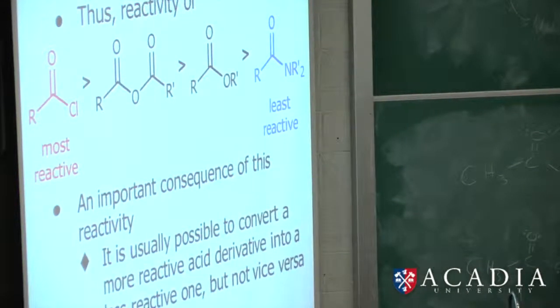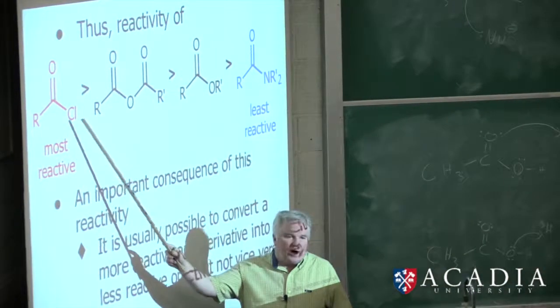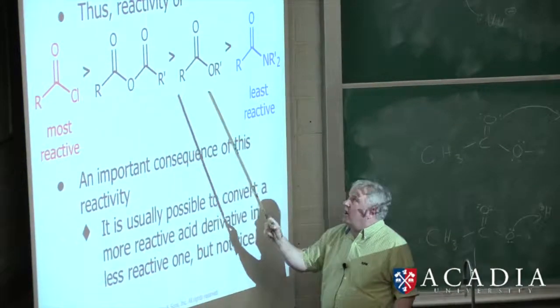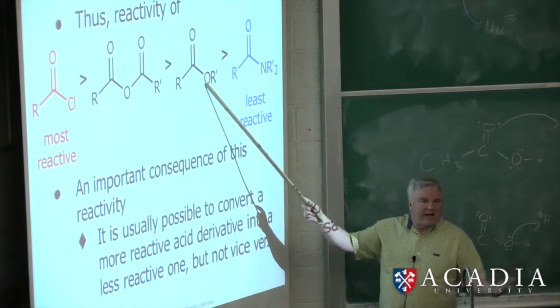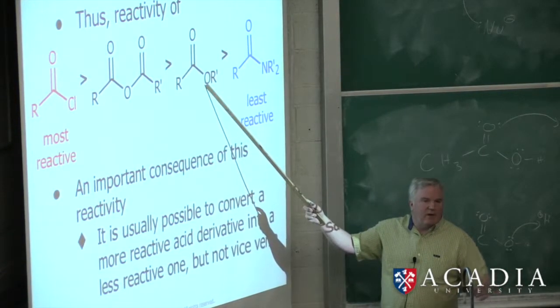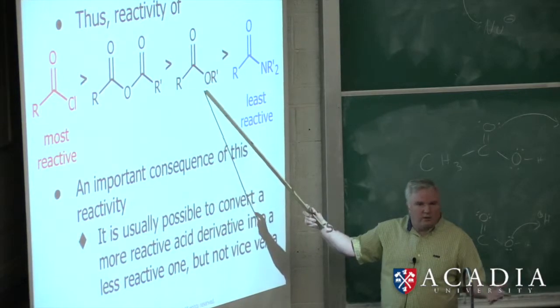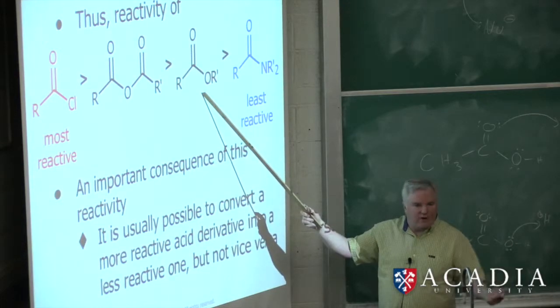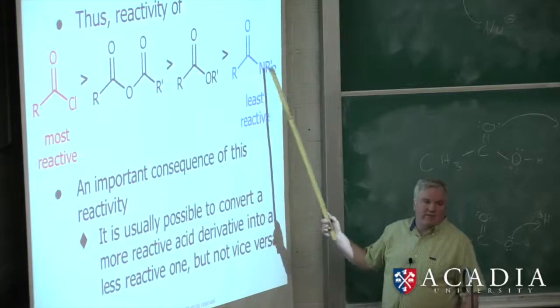So this is the order of reactivity of these things. Acid chlorides are the most reactive of the carboxylic acid derivatives, followed by anhydrides. Esters, we have a lot of esters we use as solvent. Ethyl acetate is a very common organic solvent, so it's pretty stable, and it's even stable to water if it's not very hot and if we don't have acid or base around. Esters can be quite stable, and amides are very stable.